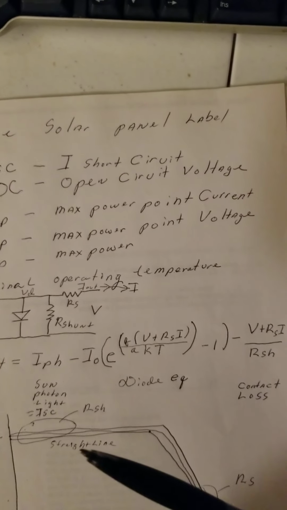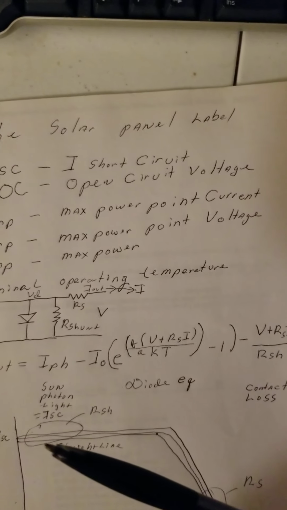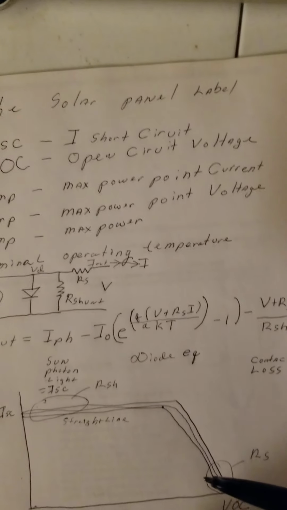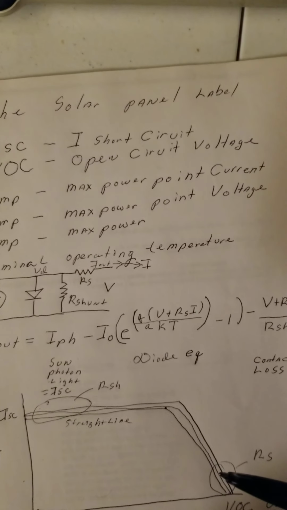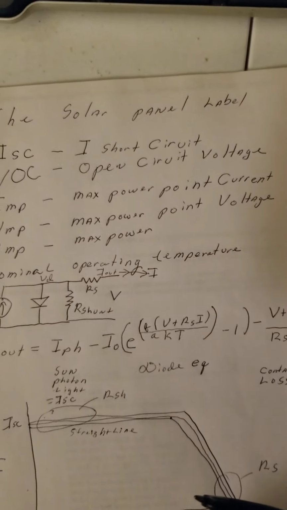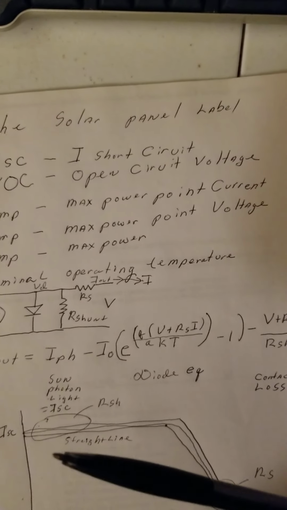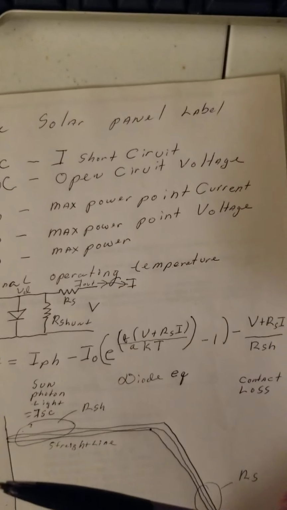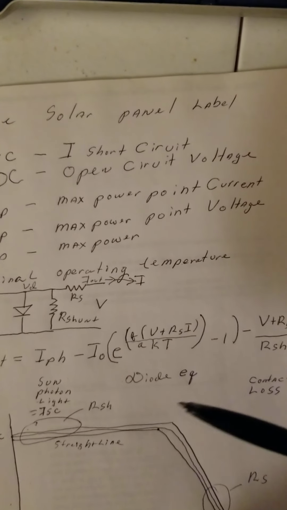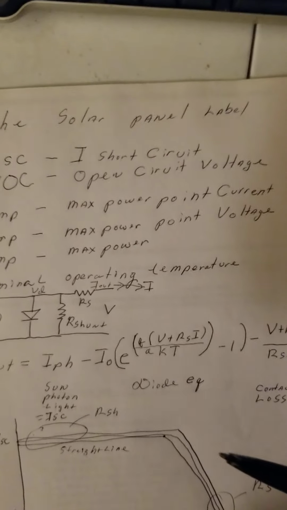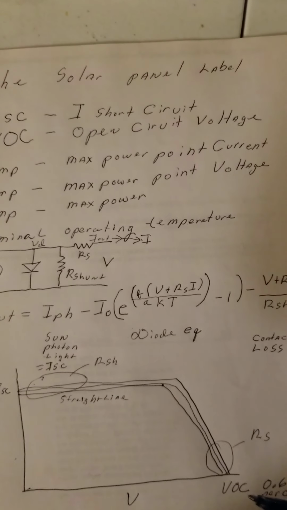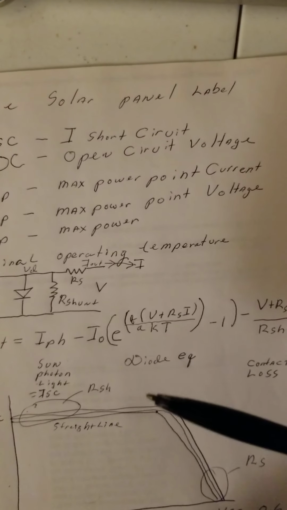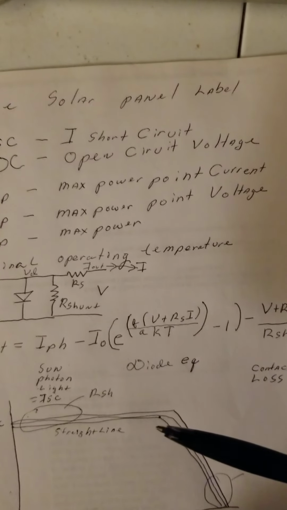It's going to make the resistance for the shunt lower than what it actually is, and the resistance for RS higher than what it is. The actual curve by this equation should be very close to a straight line of ISC and a straight line to VOC. The max power point is down here.